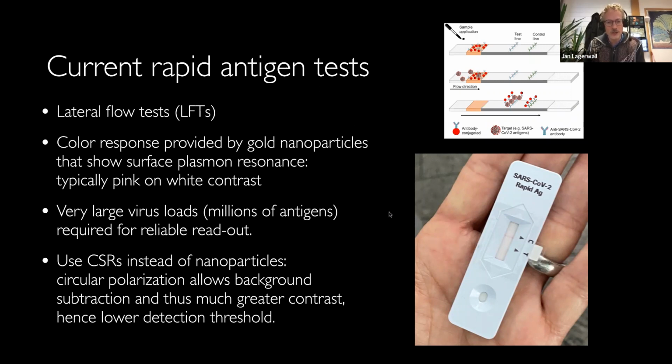So in the latest project, we are actually replacing the gold nanoparticles with CSRs, because the circular polarization allows us to subtract the background, and therefore we get much, much better contrast, which means that we expect at least that we will have a much lower sample load required for getting a response.